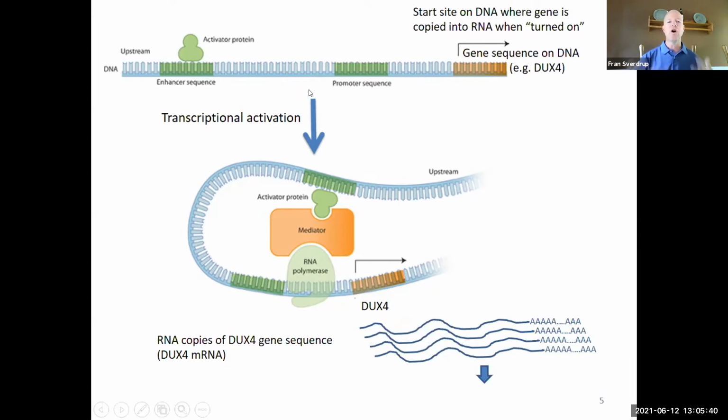And for all genes, you have to have general transcription factors and specific transcription factors work together in order to tell this gene to be transcribed into RNA. So turning on this gene involves this process we call transcriptional activation.